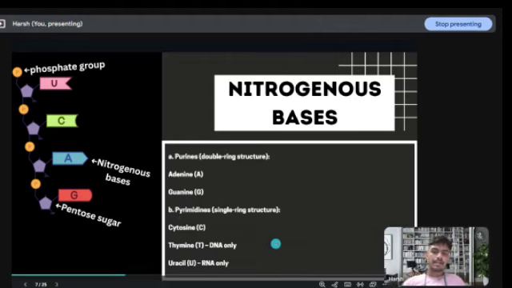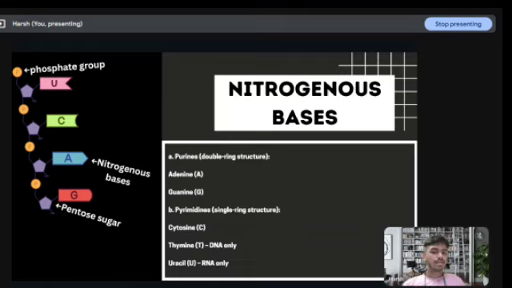Thymine is in DNA and uracil is in RNA. Adenine and guanine are always termed purines because they are double ring structures, while the pyrimidines are single ring structures, which are cytosine, thymine, and uracil.